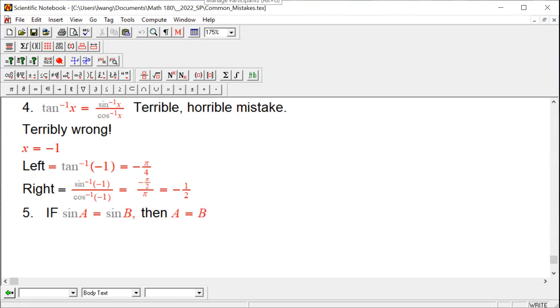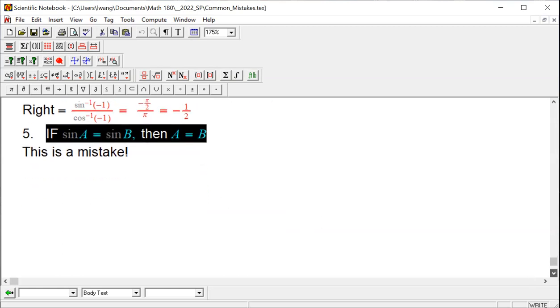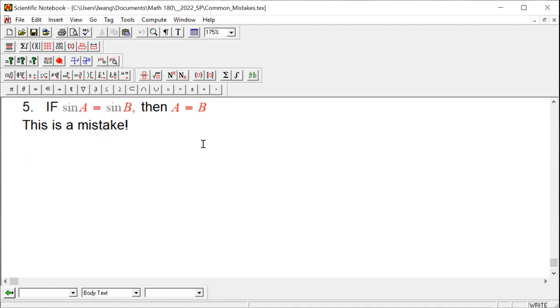Can we do that? Of course, I told you it's a mistake. Why? This only applies if the function is 1-to-1. We know the sine function is not 1-to-1.